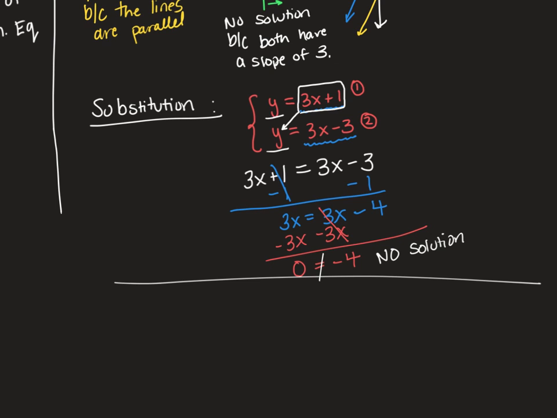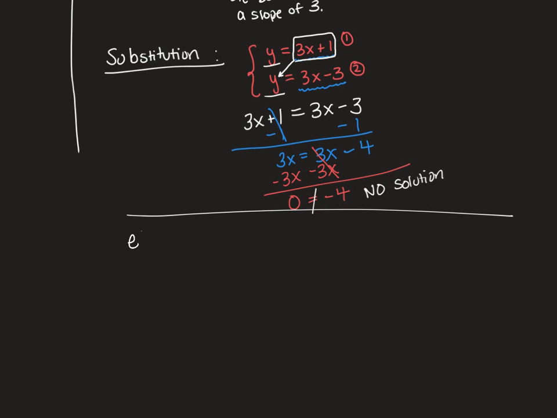Now, the last way that you can solve a system of equations is by using the elimination method. So let's write the system of equations one more time. Y equals 3x plus 1. Y equals 3x minus 3. And we are going to take equation 1 and equation 2, and observe if there's anything that we can cancel.